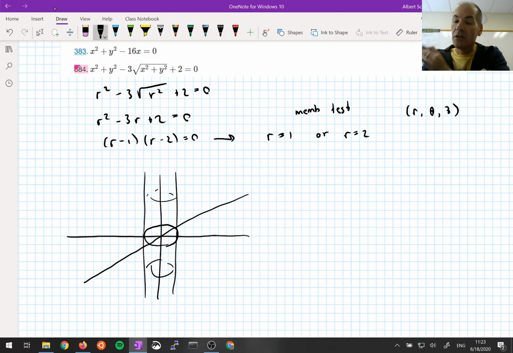Okay, but it could also have its r equal to 2, which corresponds to just another cylinder out a little bit further out. Like this.